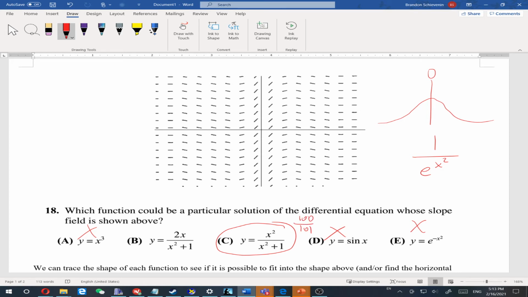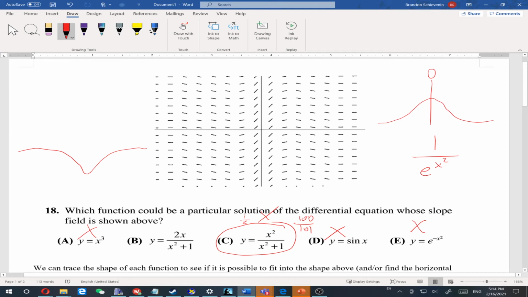So I'm getting closer and closer to 1 on the right side. If I plug in 1, it will be 1 over 2. If I plug in 0, it will be 0. So our function looks something like this, where we're getting closer and closer to 1 at the ends of the graph, but then hitting 0 in the middle. Does that look like our graph? No, so not C either.